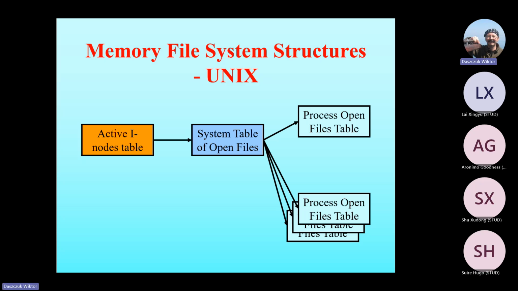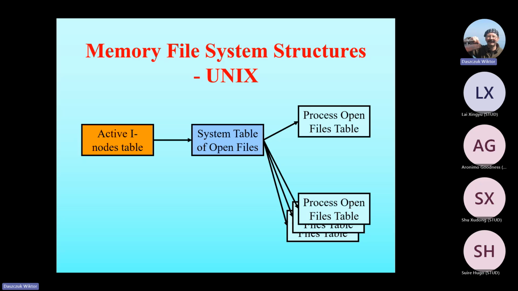For the time when the device is mounted, inodes of those two directories are kept in active inode table to resolve these references. So the inode of X and inode of root of the floppy disk are kept until we unmount this device.